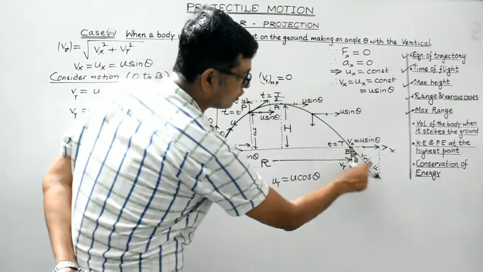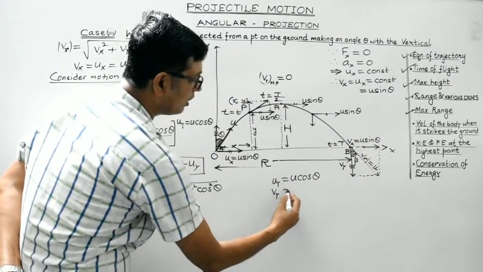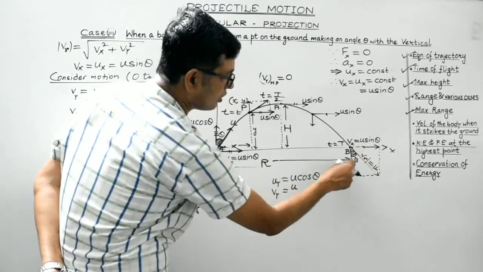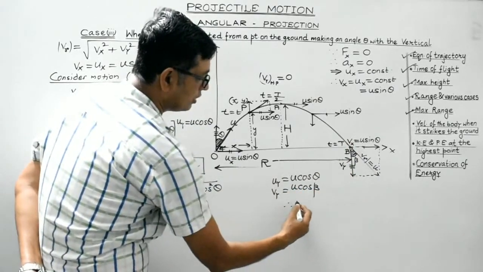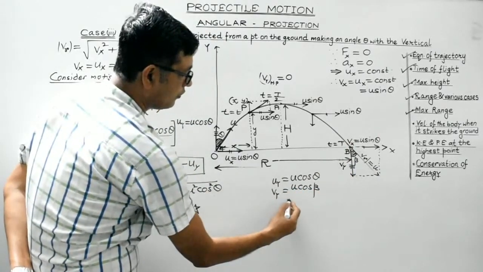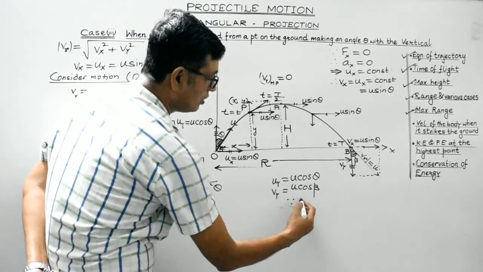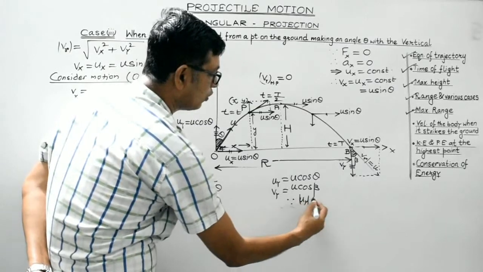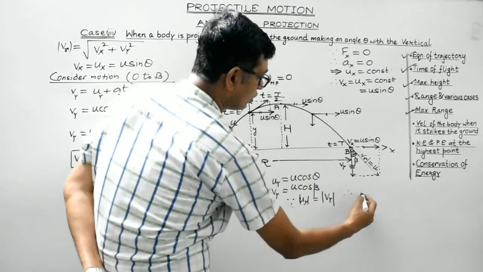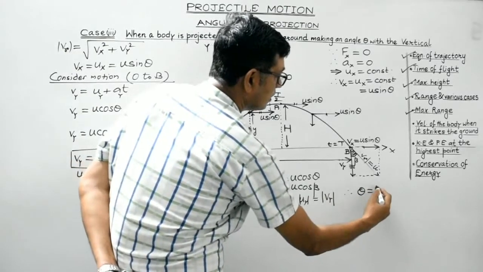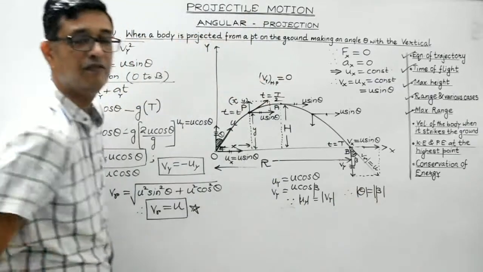And here, if you resolve this u into two components, then what do you get? Vy will be equal to u cos beta. So, since we have proved that uy is equal to Vy, therefore, the magnitude of uy is equal to the magnitude of Vy. Therefore, students, we conclude that in magnitude, theta would be equal to beta. Clear?